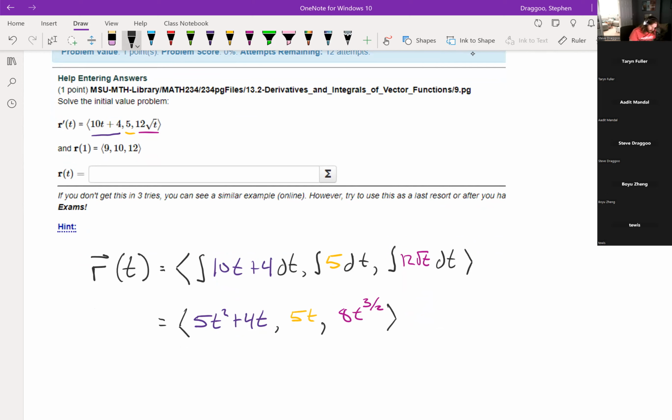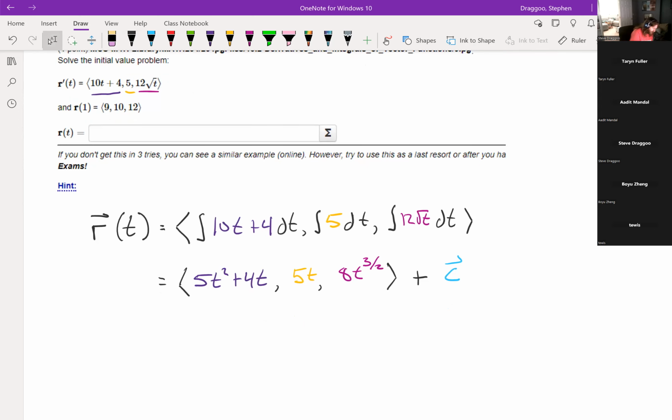And just like back in Calc 1, if we're taking an indefinite integral, we should have a plus c that shows up. Only this time around, our c value is a vector rather than just a single number. So there's a plus c for each of the 3 integrals that we did, one for x, one for y, one for z. So we just need to solve for what those c values are, which is where we need the initial value.